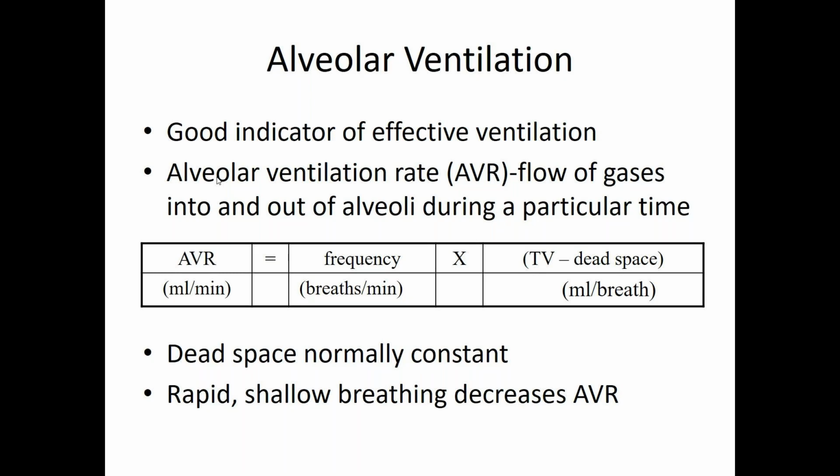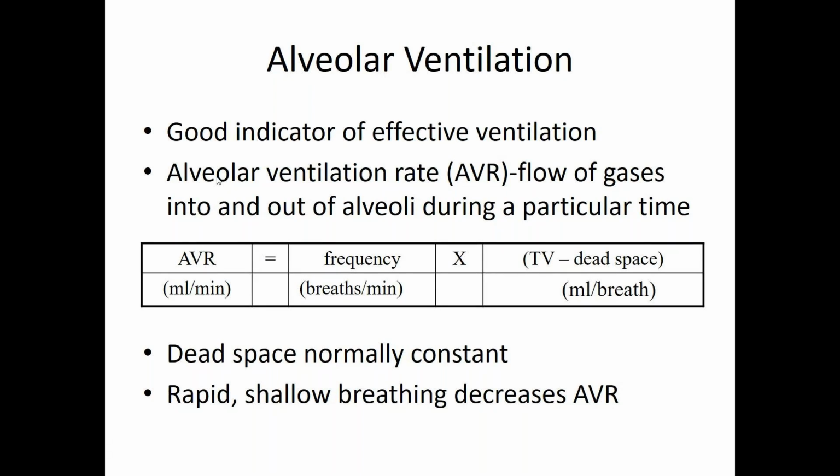So again, it's just taking some of the things we've already measured and tweaking them a little bit. Like I said, it's a little bit more complicated, but it is, I think, a more effective indicator of pulmonary health.